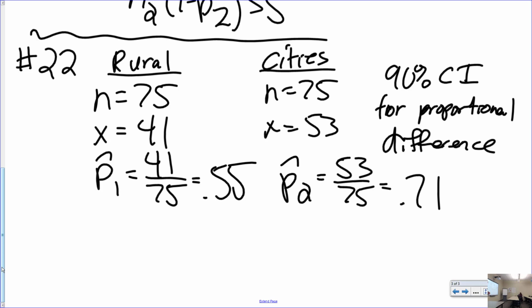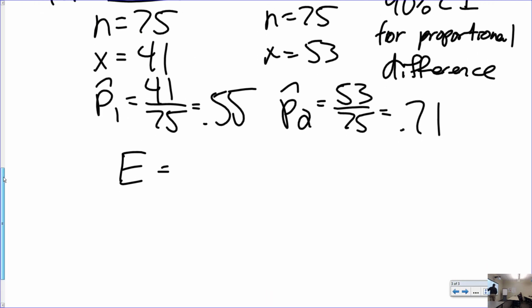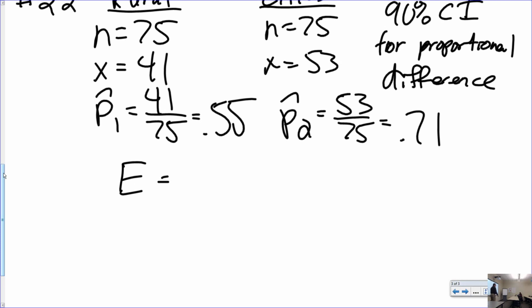All right, so what's going to be our E? Z-crit. What's Z-crit for a 90% confidence interval? That's a nice little one, right? 1.645. Yep.